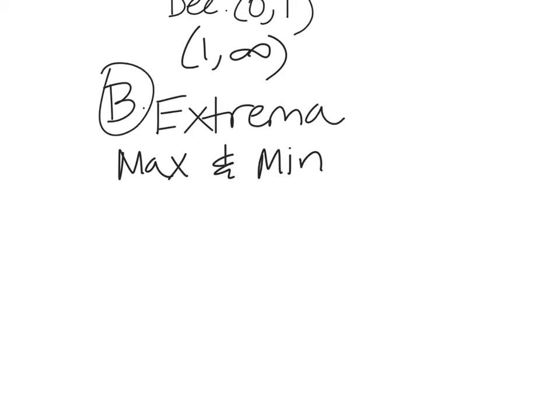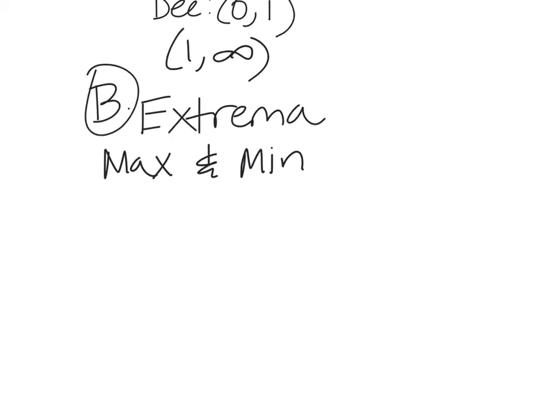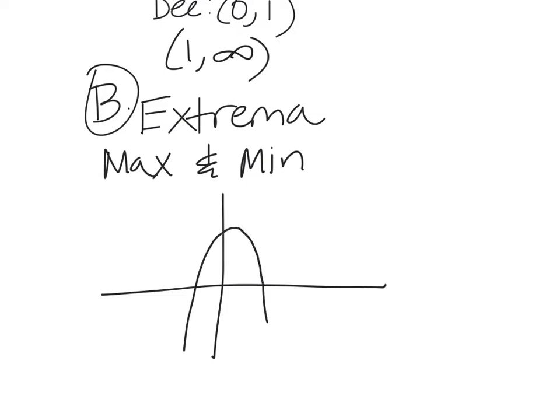Okay? So like, for example, let's say we have this graph and it goes like this. Let's say it's closed there, but let's say it goes forever that way. And there's some special points on this graph. This graph is increasing, increasing, increasing until it gets to a point right here.